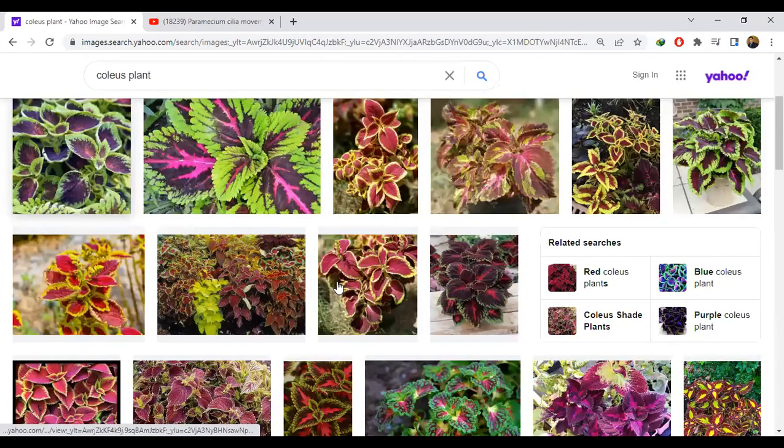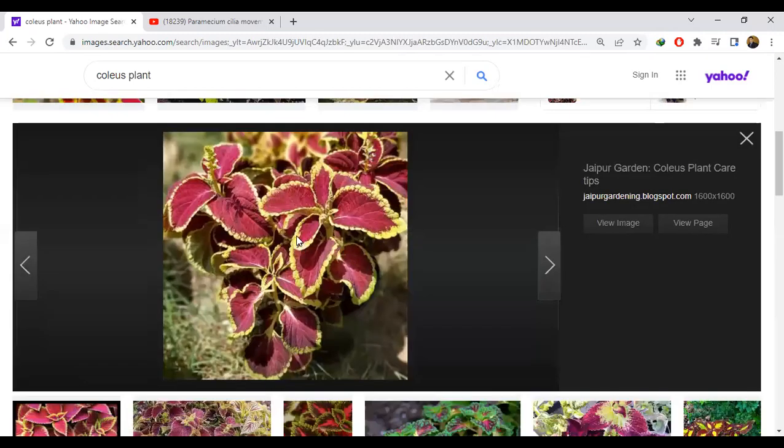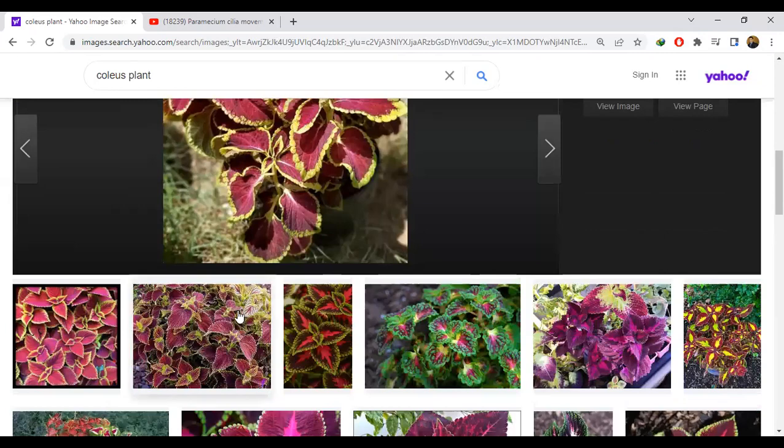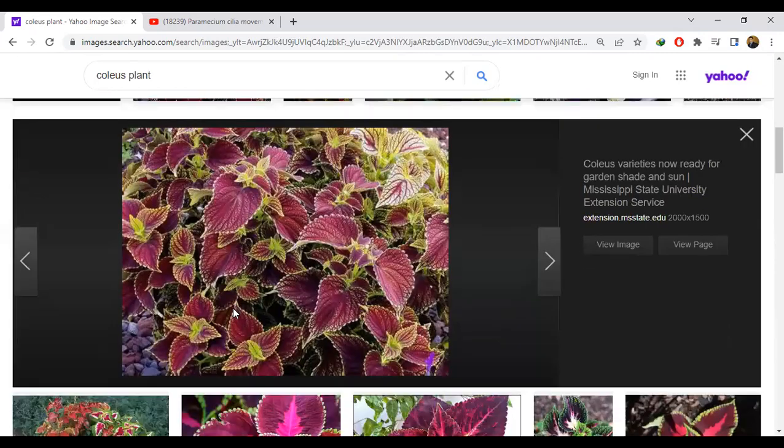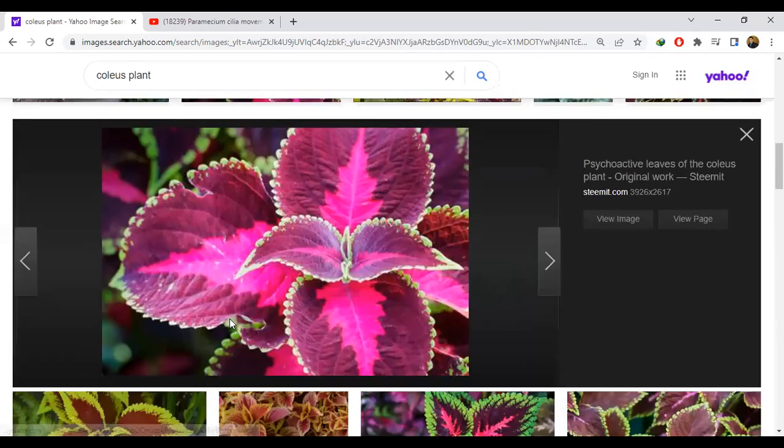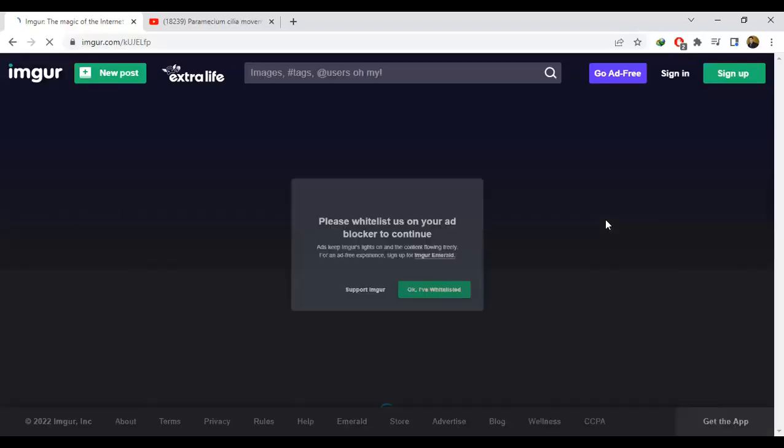No, sir. You haven't seen this plant. Tell me, can you see a pinkish red color, a purple color there?